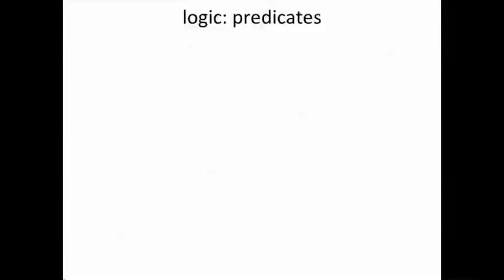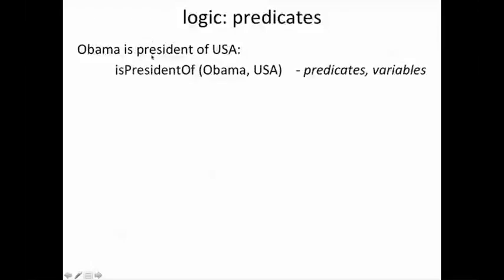But as we have seen before, we are dealing with statements which are a little bit more complicated. Obama is the president of USA is actually stating a relationship between an entity Obama and another entity USA, and that relationship is that one is the president of the other, which could be written in this form, that Obama is the president of USA.